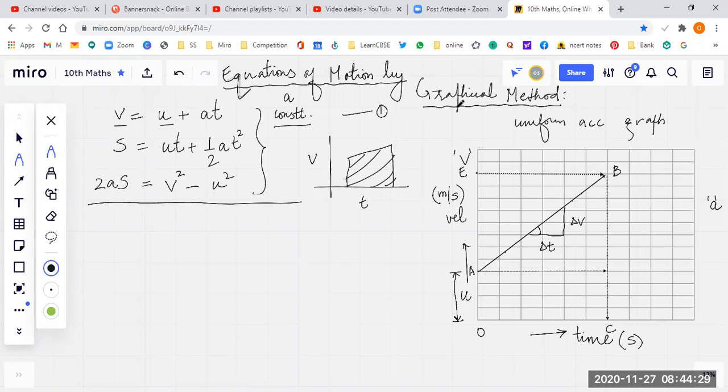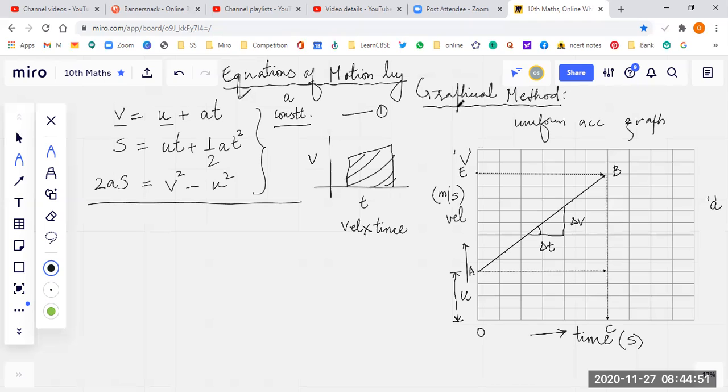When the body is moving with constant acceleration, the area under this graph is displacement. That is, velocity in time. Displacement is always velocity into time. This is a small understanding of graphs I want to tell you.